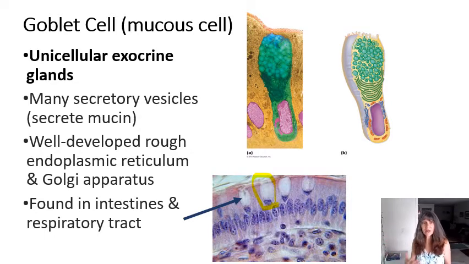And that's exactly what happens with mucus. And remember, mucin is protein, so that's why we have the rough endoplasmic reticulum with the ribosomes producing the proteins.